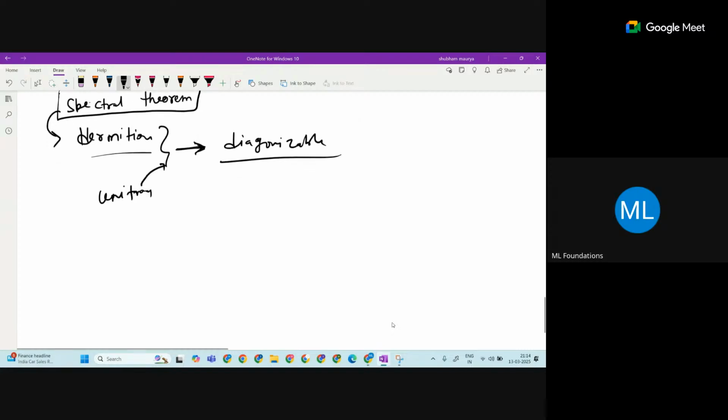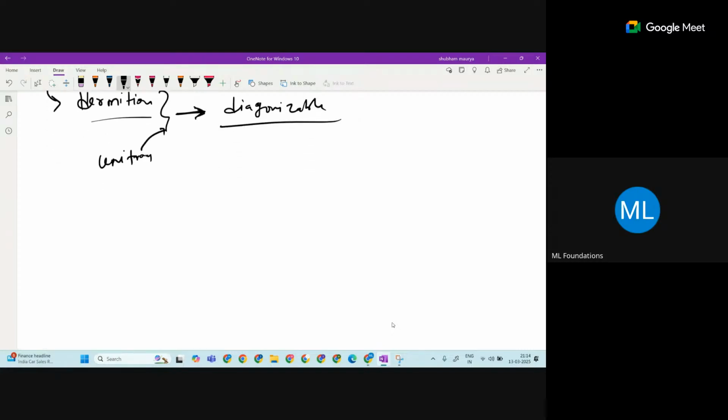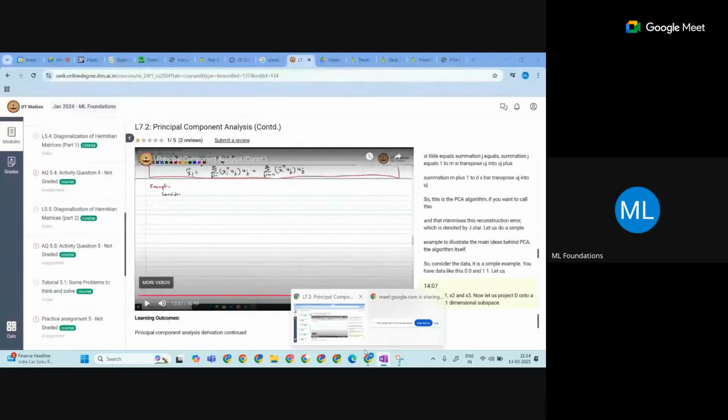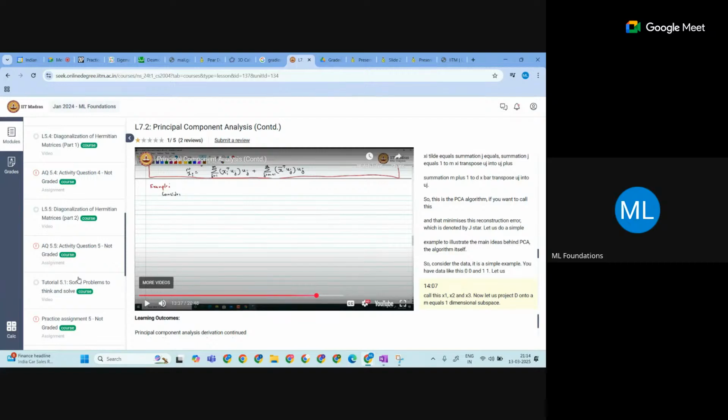So these are the properties of diagonalizability. I'm skipping these lectures because many times you are doing just eigenvalues and eigenvectors, as we found just now.